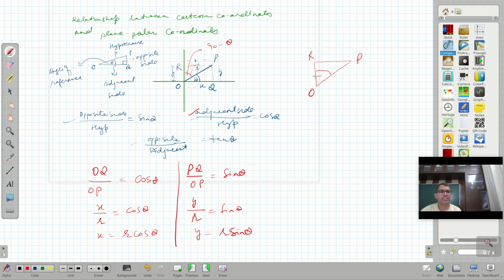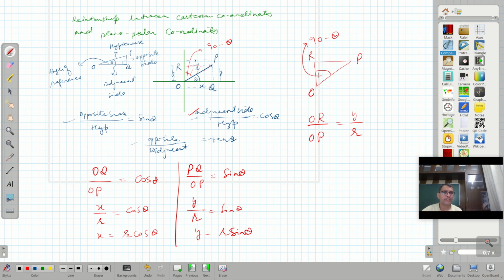This is some additional tip I am giving to you. So in this particular triangle, if I am interested in finding OR over OP, what is OR? It's y over r.